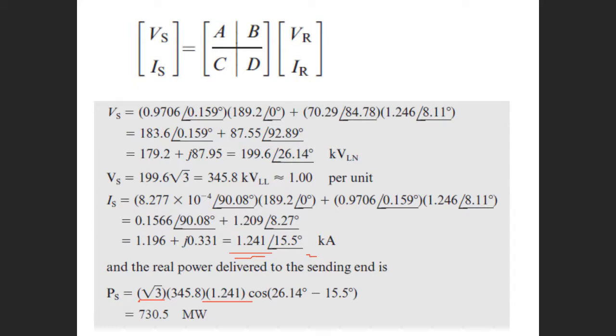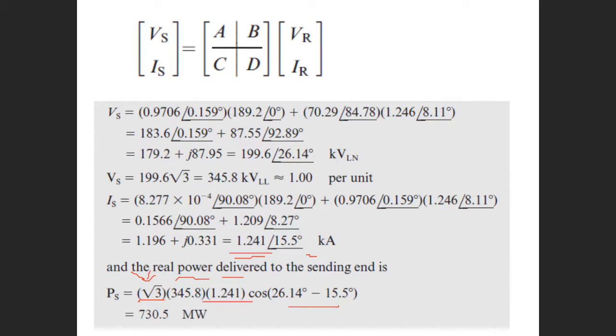Or 3, not square root of 3, times V line to neutral times the current times the power factor. 3 because three phase. So it's okay.